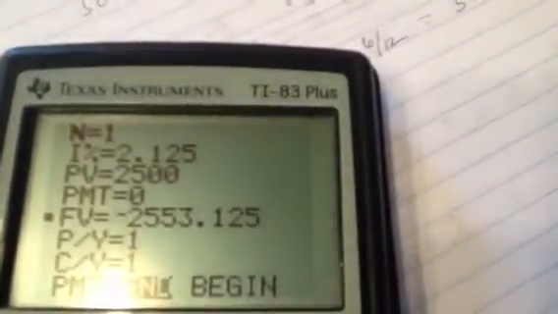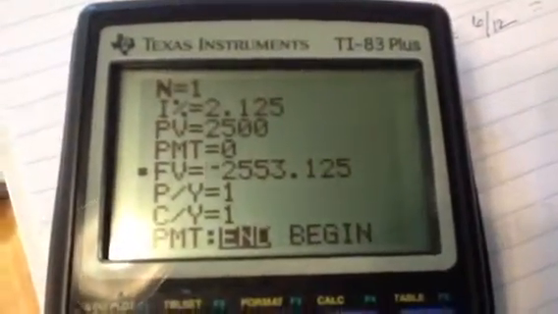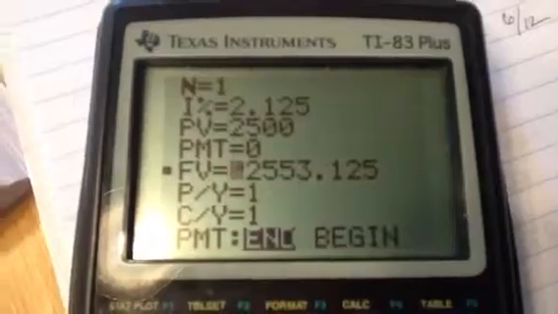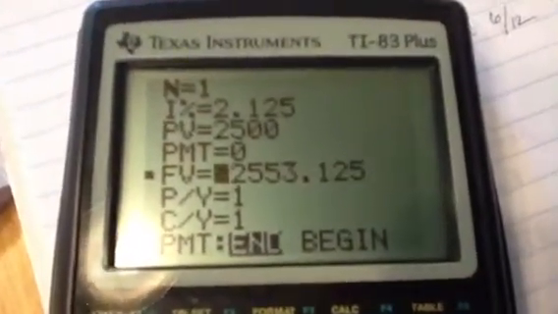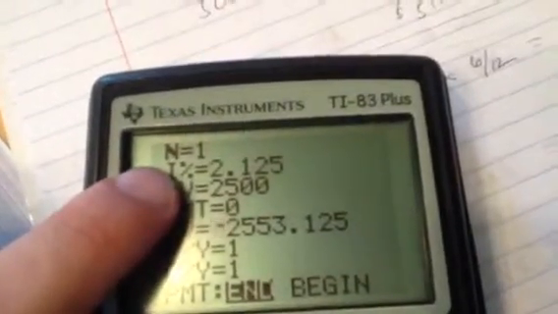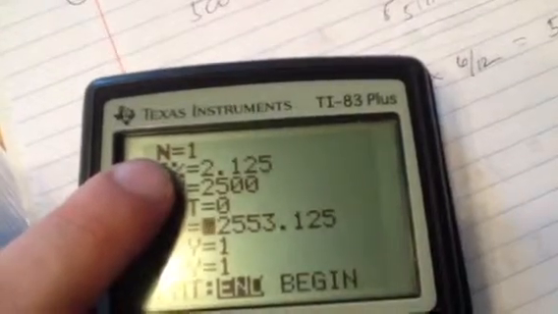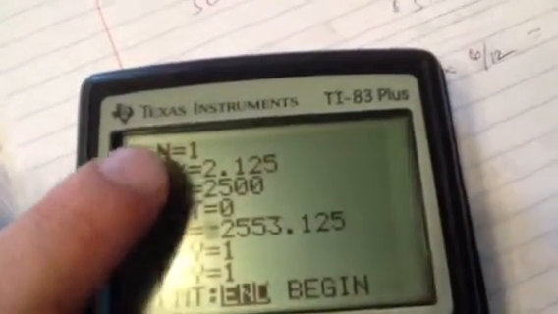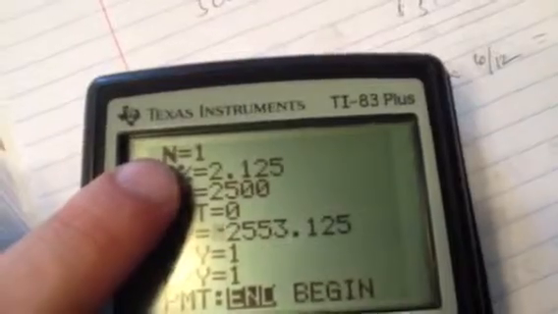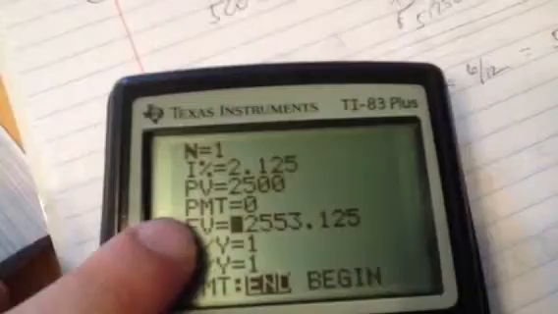Again, the 2553.13 matching up with that. Now, how would you know to do that? You wouldn't have. That's why I wouldn't suggest using the financial calculator to do these problems with these short-term CD rates. The idea here is that this is the annualized rate adjusted to 6-month terms, right? Because if it's 4.25 for a year, it's 2.125 for half of a year. We just divided it by 2. There's one of those periods, and you can do this.